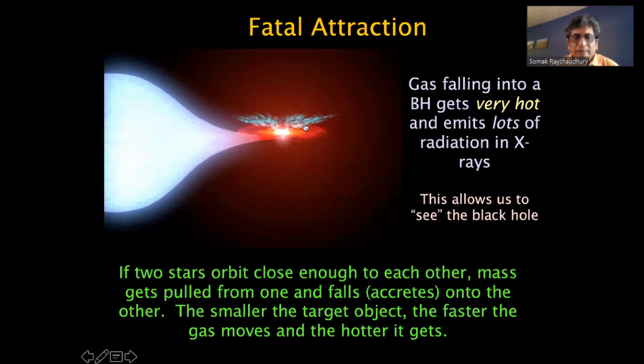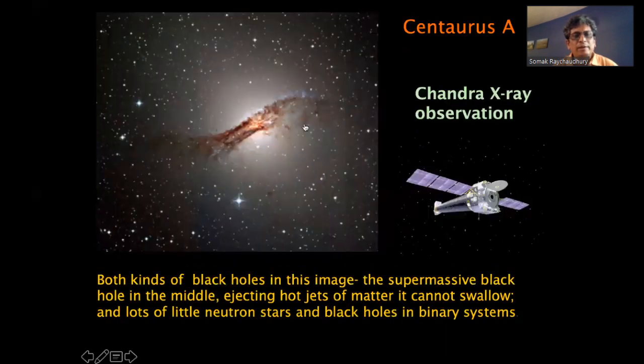And one can study these compact objects and their X-ray images and even figure out whether it's a black hole or a neutron star. This has been done very routinely over the last 20 years, since X-ray telescopes like Chandra and the European XMM-Newton went up. Here's an example of one of my own observations of the galaxy Centaurus A.